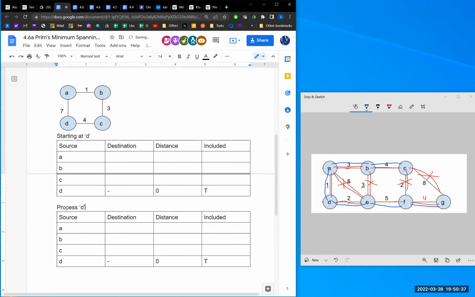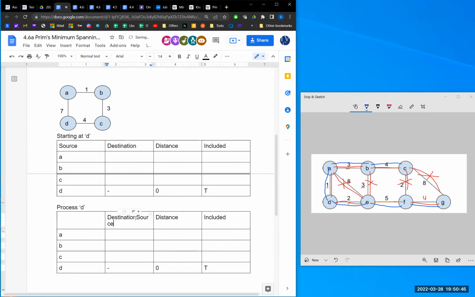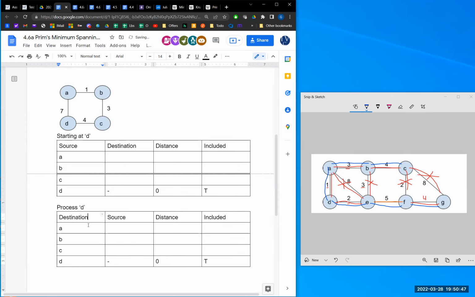Process D. D says I can get to C. All right, I did get these backwards just like I did before. So D's in the tree. From D, which doesn't matter too much for the algorithm, but it's just easier to track what's going on.